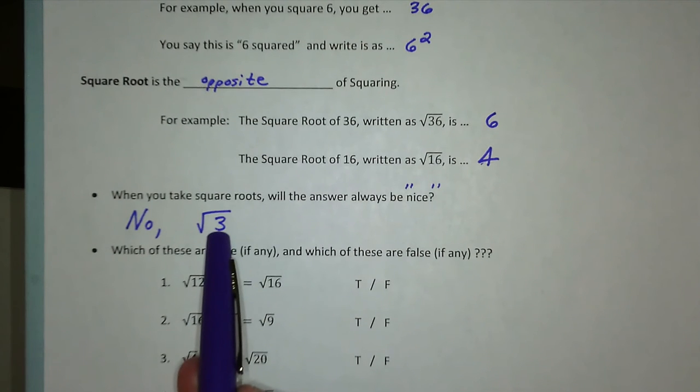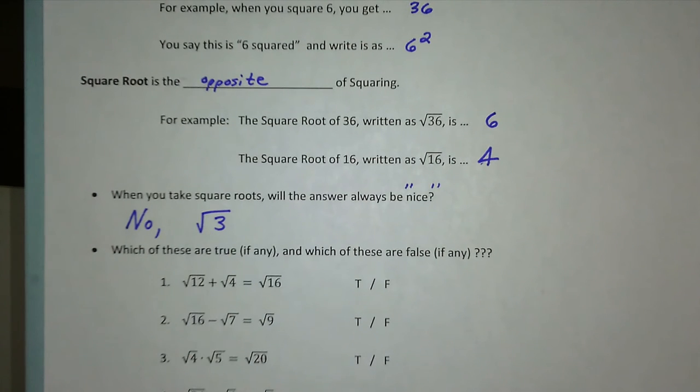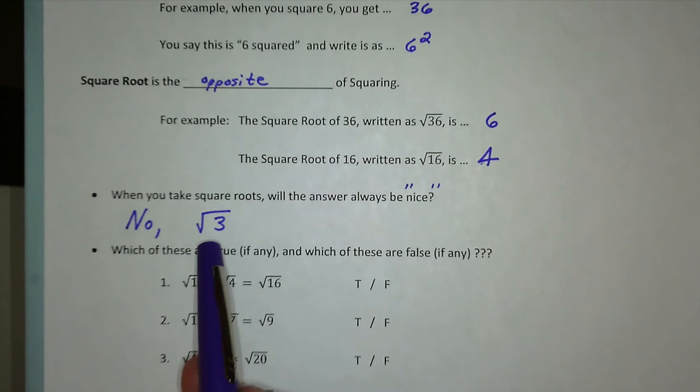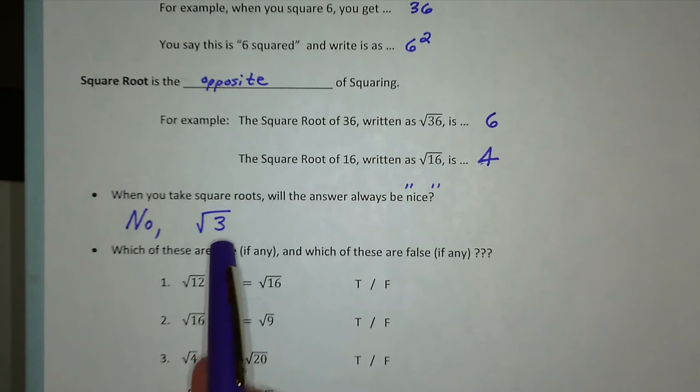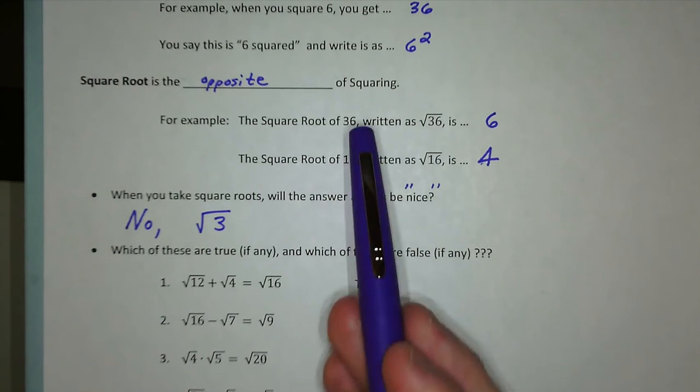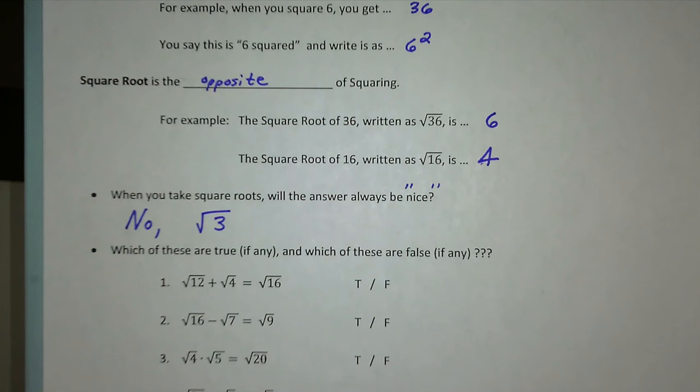That's irrational, which is not nice at all. It's nowhere near a nice answer, like the square root of 16, or the square root of 36, or the square root of 25. But more on that in a minute.